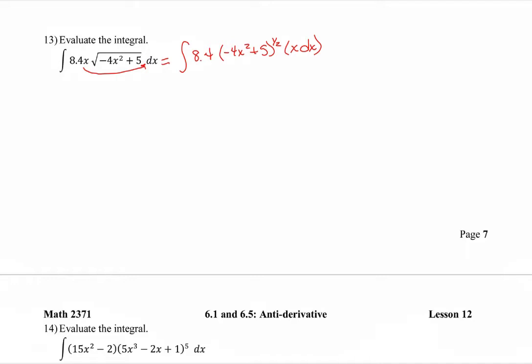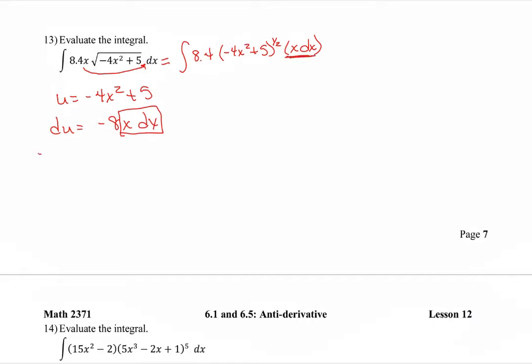And now I'm going to pick my u. So u equals minus 4x squared plus 5. So du equals minus 8x dx. Now notice that I grouped here, I have x dx.